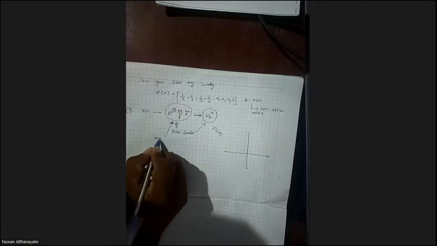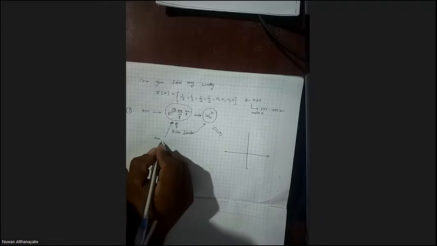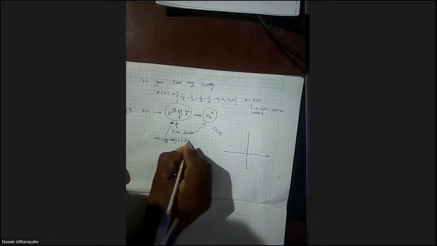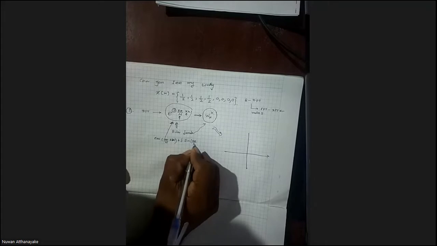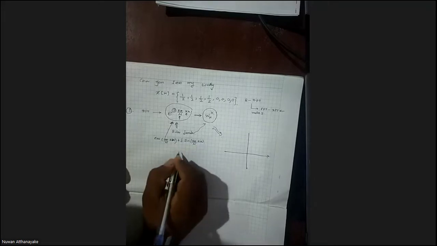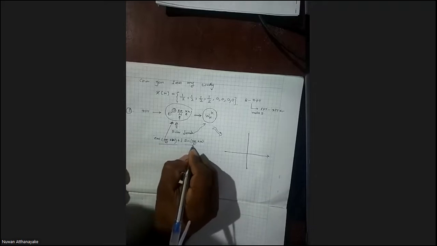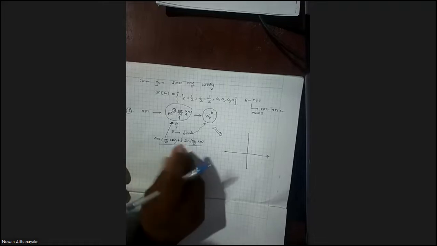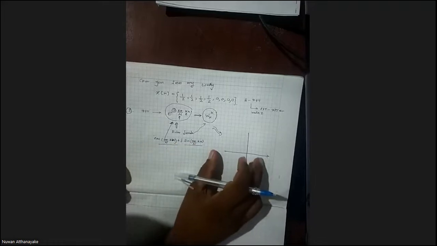Using the Euler formula, it will look like this: cos(2πkn/N) plus j sin(2πkn/N). This is the real part and this is the imaginary part, so it is a complex number.